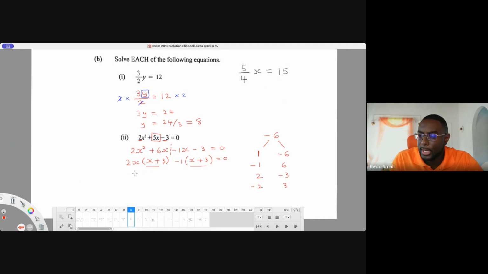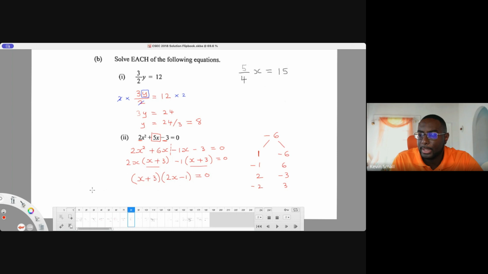My first answer is x plus 3 in brackets, and the second one is 2x minus 1 equals to 0. So now either the one on the left is equal to 0 or the one on the right is equal to 0. I'll work it out in both cases.